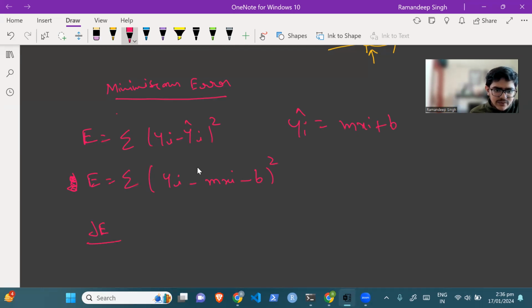First, I will differentiate it with respect to b, and put it equal to 0. So dE by db is equal to, okay, let's start with b first, because we will need this value of b later.